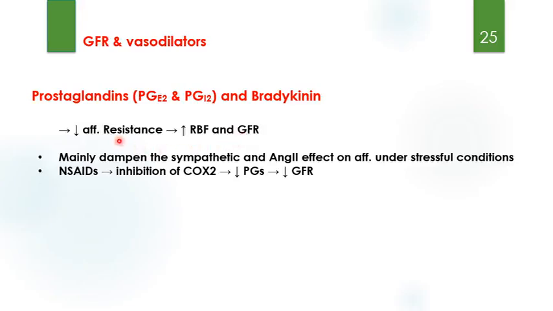By dilation of the afferent arteriole, these factors mainly dampen the sympathetic and angiotensin II effect on the afferent arteriole under stressful conditions. NSAID drugs, by blocking the COX2 enzyme and reducing prostaglandin generation, will reduce GFR.